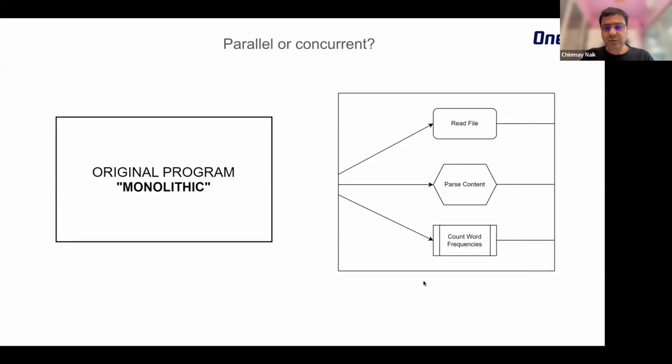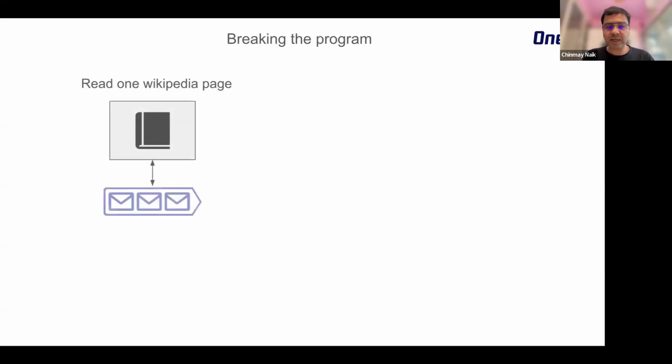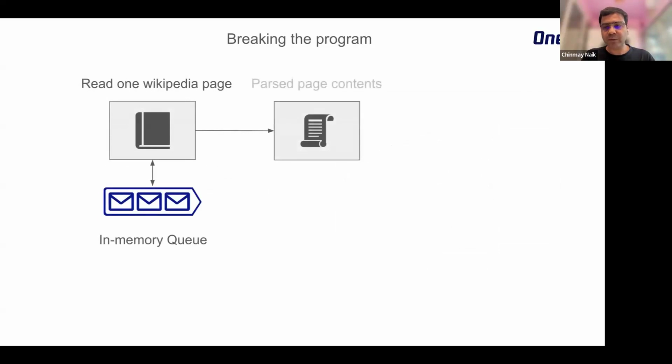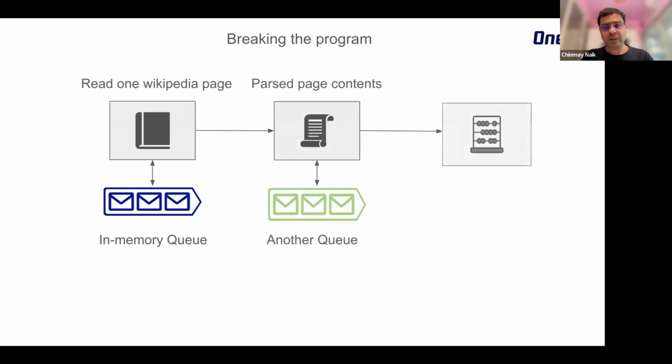We break this program down into a pipeline of sorts, a data pipeline, where you read the page, maybe use an in-memory queue with a producer-consumer pattern, where you would parse the page, and have another goroutine or some sort of thread to count.